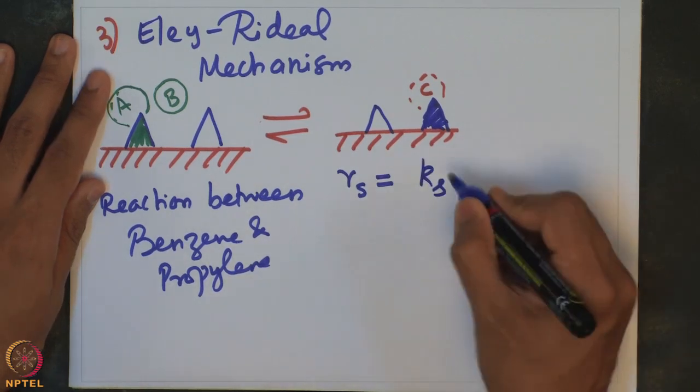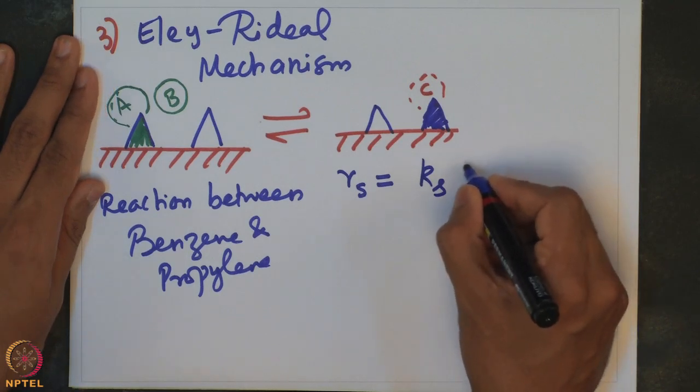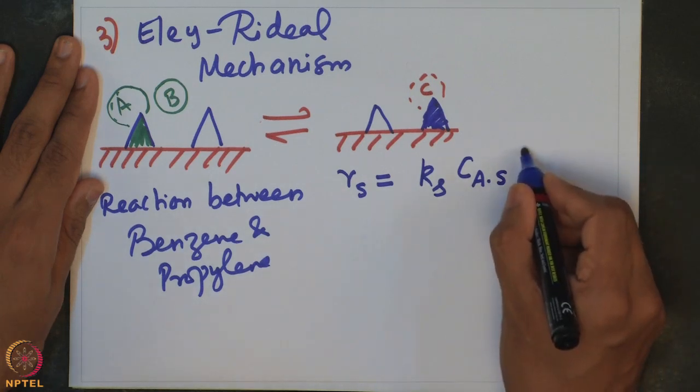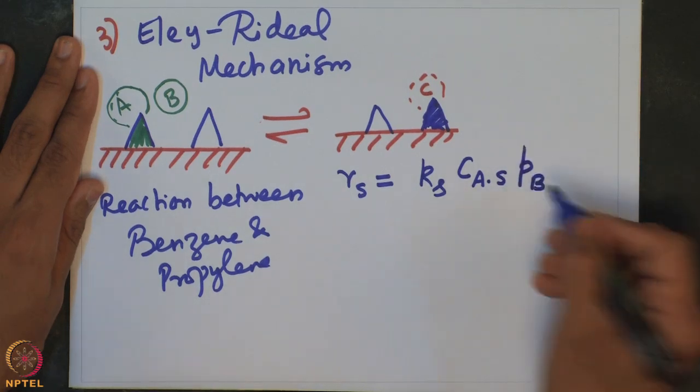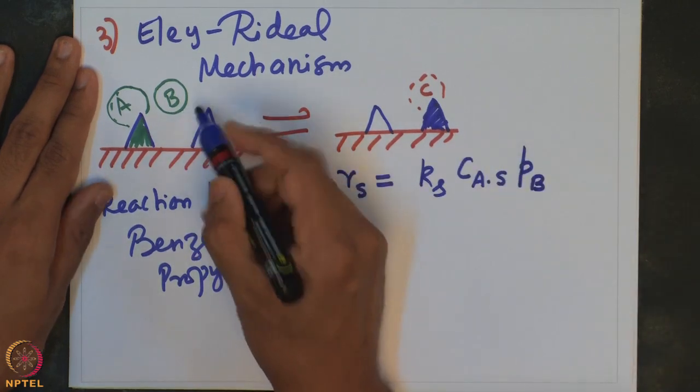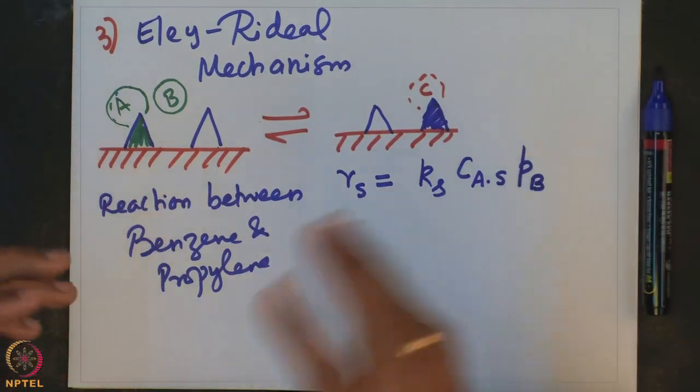which is the forward reaction multiplied by the concentration of species A which is bound to the site multiplied by the partial pressure of species B. Note that species B is in the gas phase, and therefore, we now have to look at how many molecules of species B are actually present next to these active sites, because now the reaction is happening because of collision between species B, which is present in the gas phase close to the active sites where species A is bound, and species A which is actually bound to the active sites.